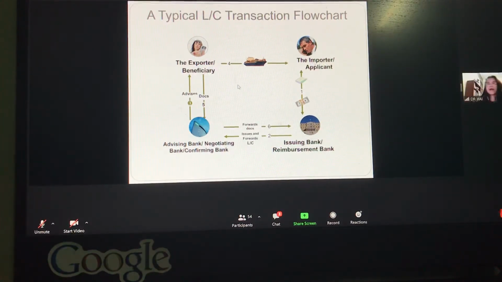Okay, so now the drawee is Exim Bank, that is right. If Exim Bank is the drawee, then when you say the exporter is the drawer, it's right.